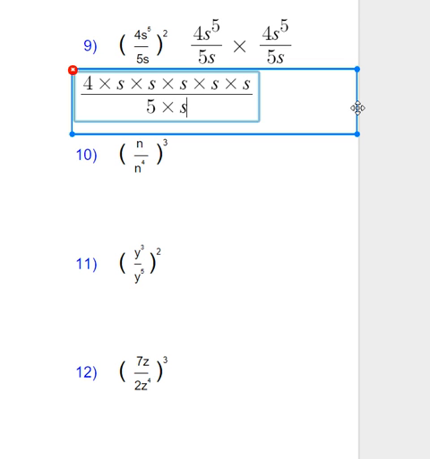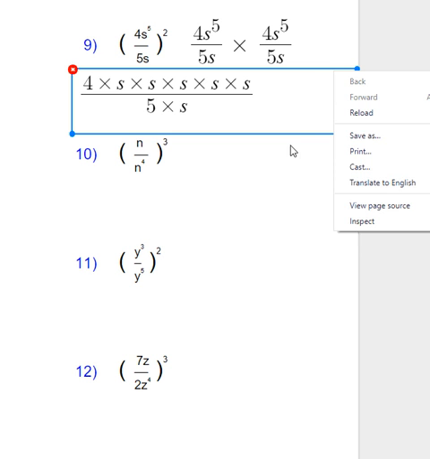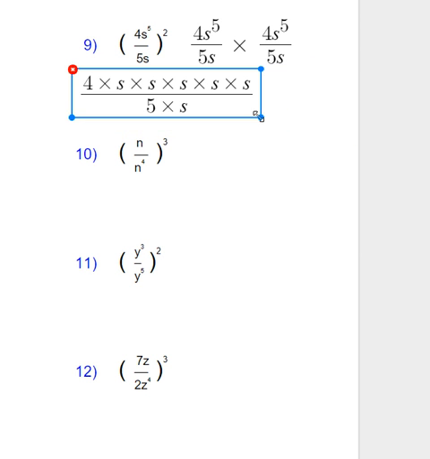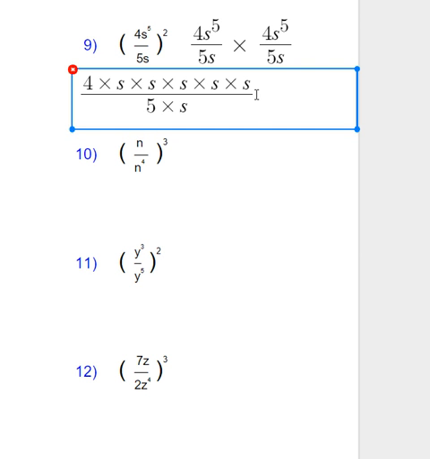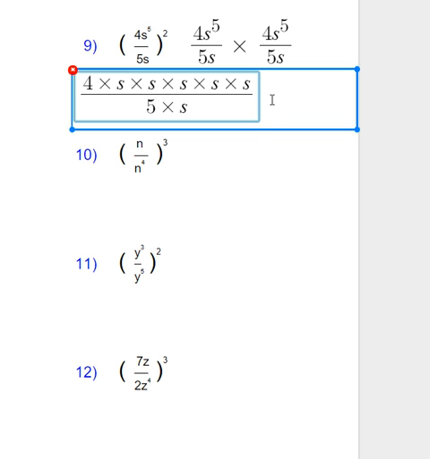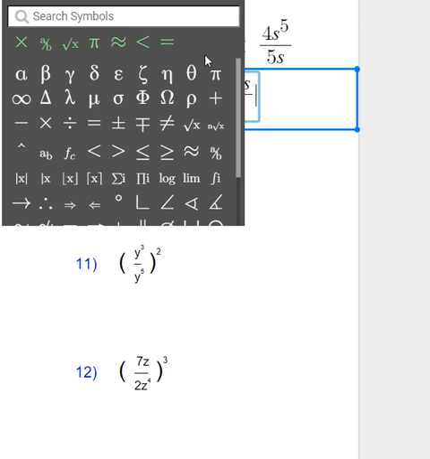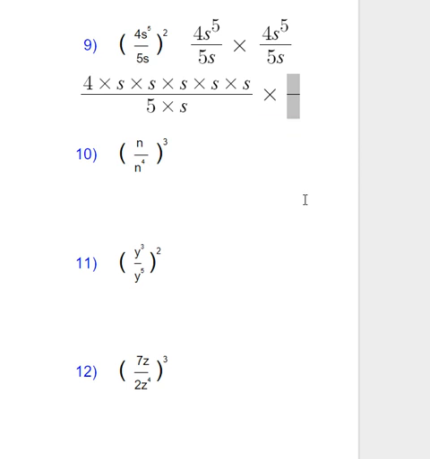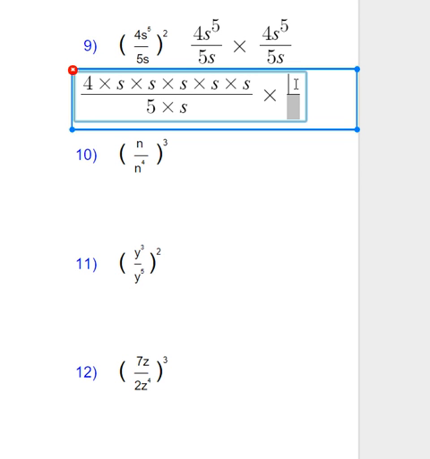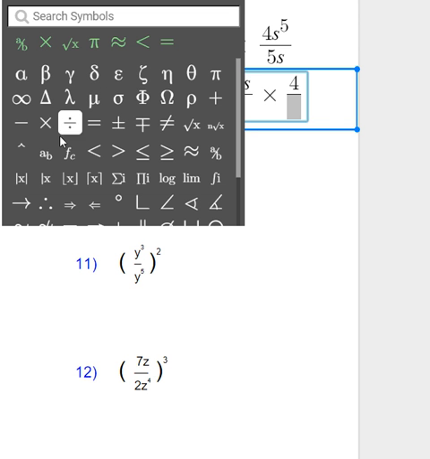Okay, there's one of those. Then I need to multiply that by another one of those. So here we go. 4, and I'm going to get smart about this. 1, 2, 3, 4.